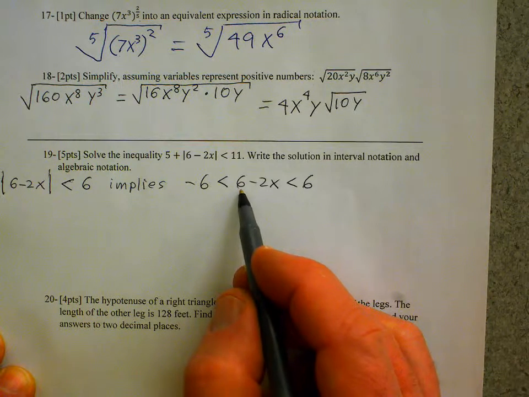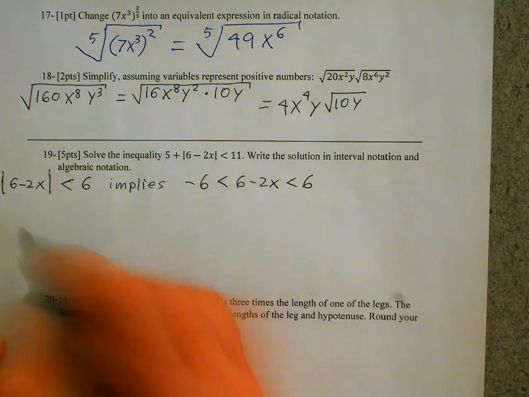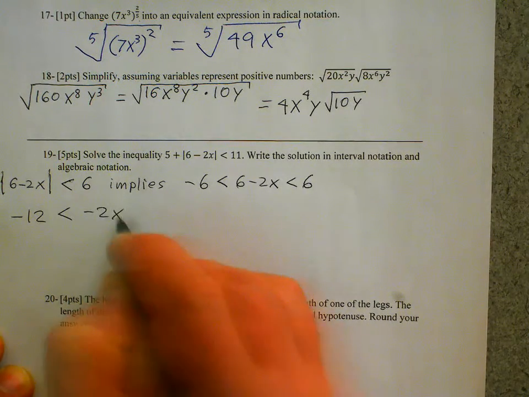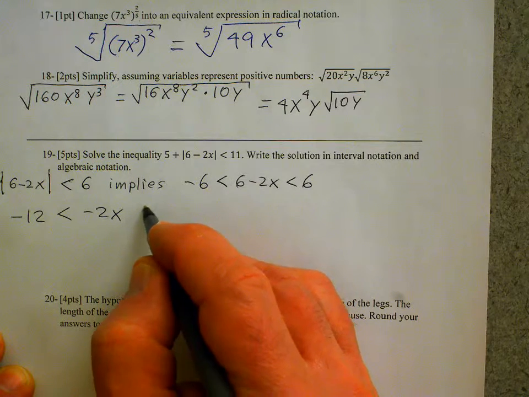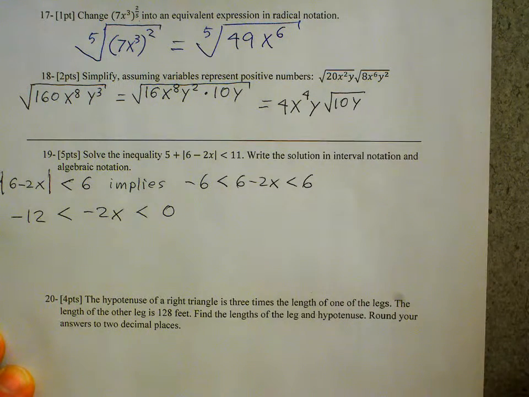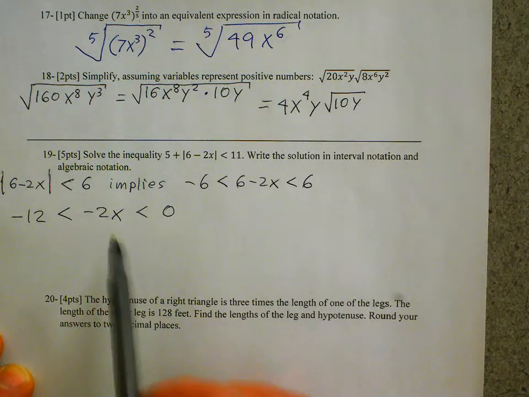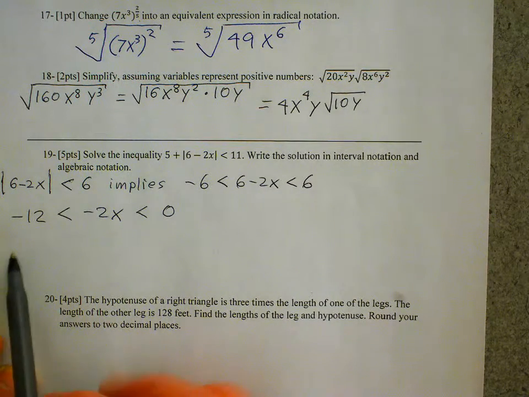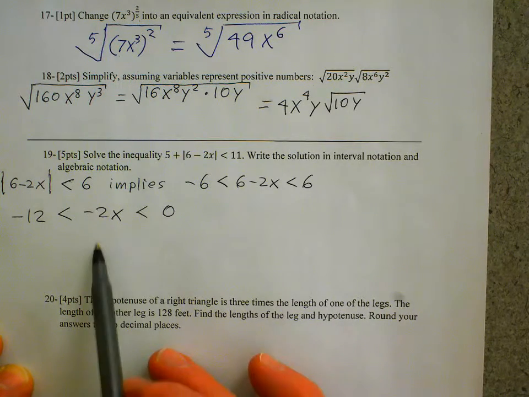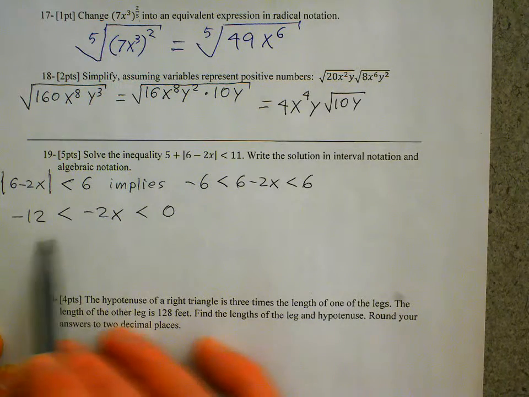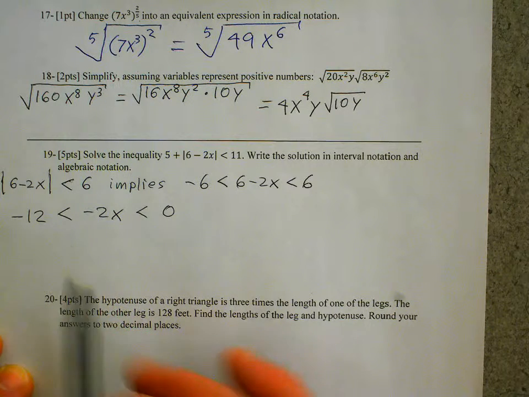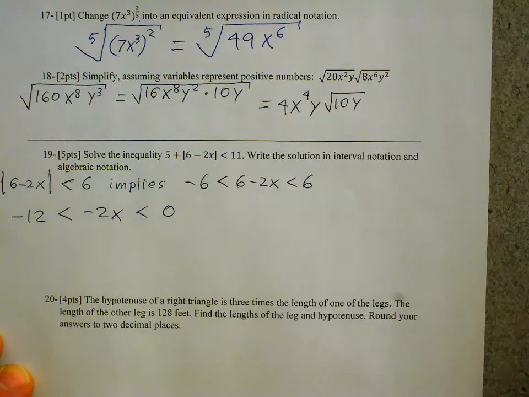First, we'll subtract 6 from all three parts, and we'll get -12 is less than -2x, which is less than 0. Next, we're solving for x, so we're going to divide each of the three parts by -2. But whenever we divide both sides of an inequality by a negative, you have to switch the inequality.